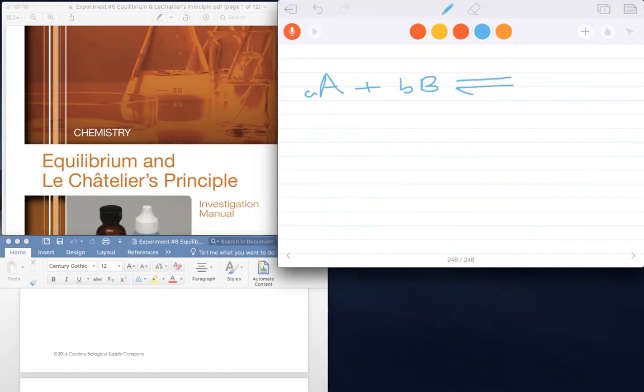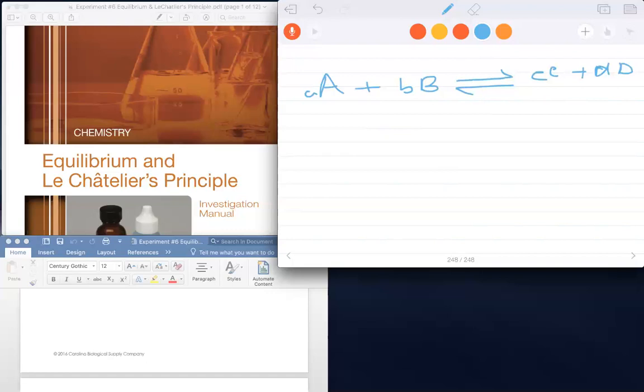You'll see a system at dynamic equilibrium shown using two arrows pointing in opposite directions. I'm just picking some hypothetical reagents and species in this case. The lowercase letters stand for the coefficients in the balanced equation. This will be applicable in the next lab.